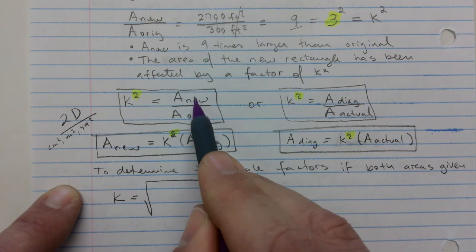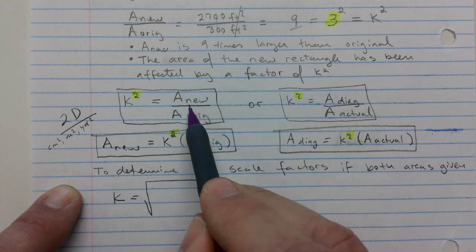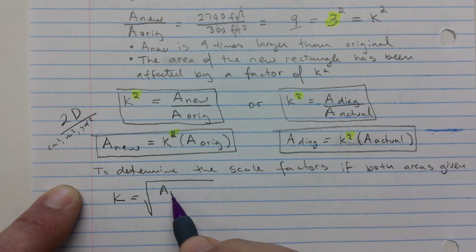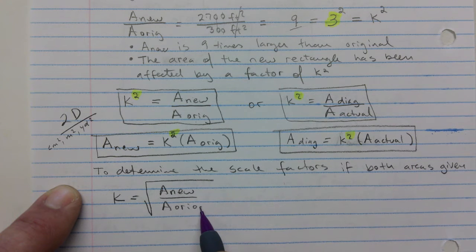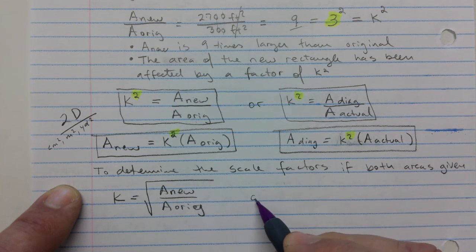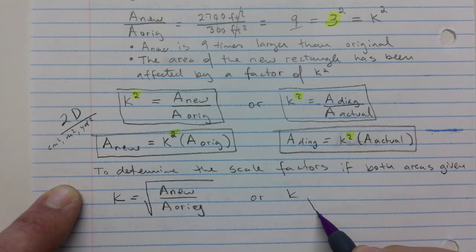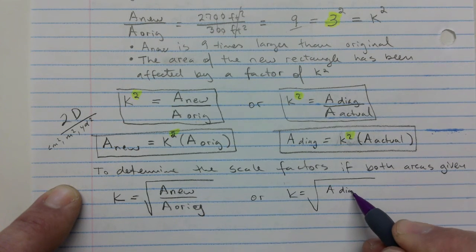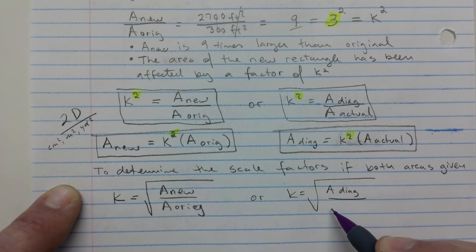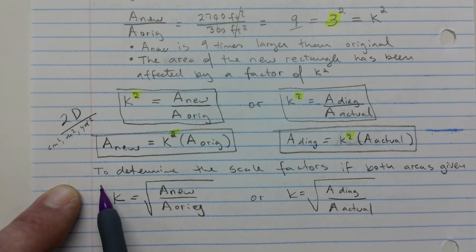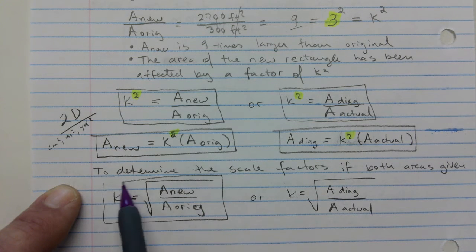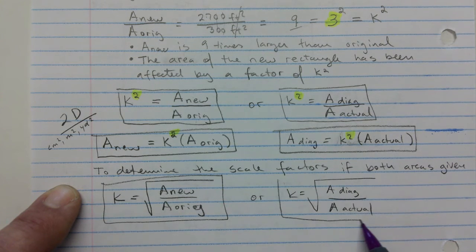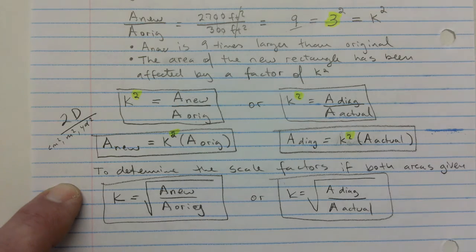Because you would have both of these, so you'd have to square root both sides. Area of new divided by area of original, or k is the square root of area of diagram divided by area of actual. And right now, you're just going to have to take my word for it, and I will show you when to use which, okay?